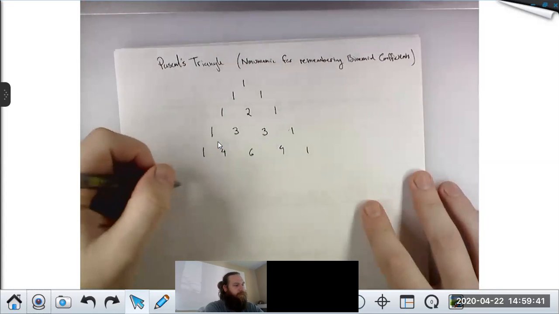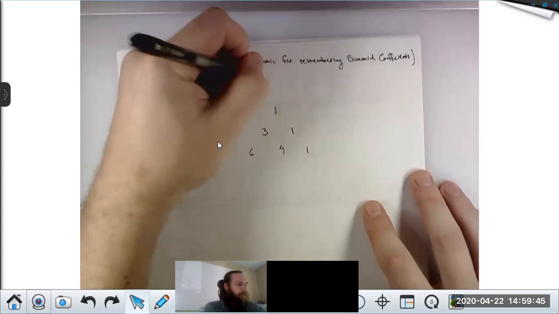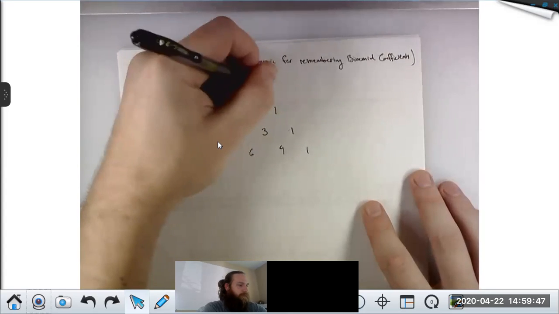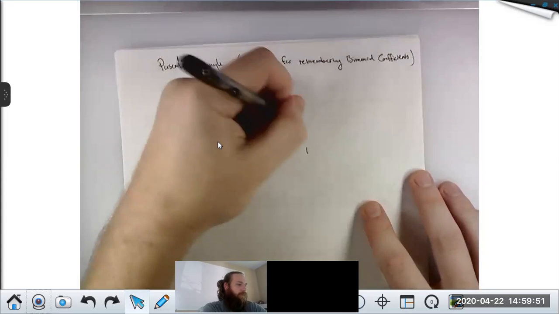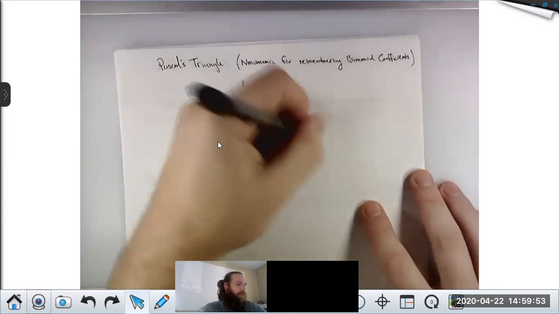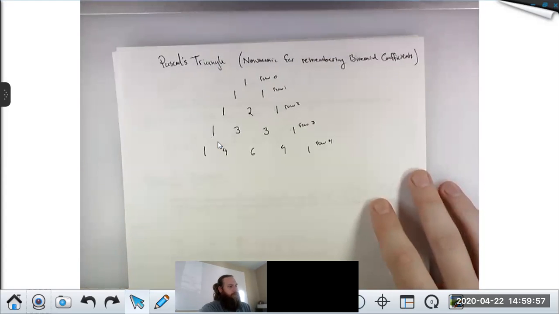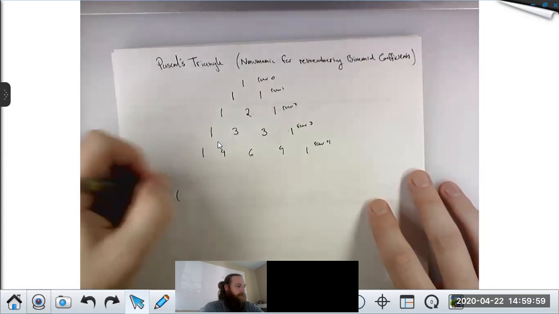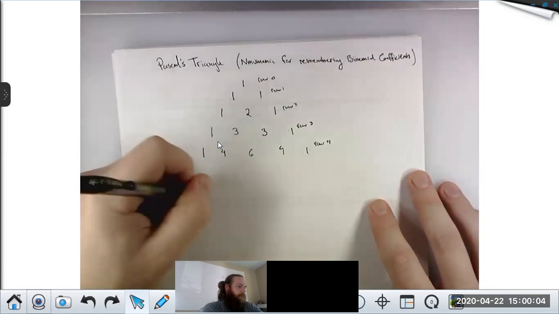The way this relates to the binomial coefficients, this top row is like row 0, this is row 1, this is row 2, this is row 3, this is row 4. The way this relates to the binomial coefficients is like this: x plus y to the 0, that's just 1.